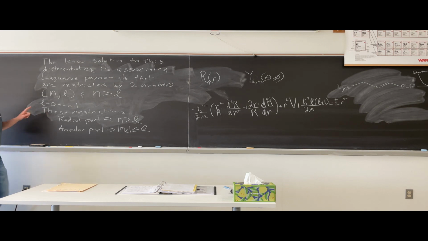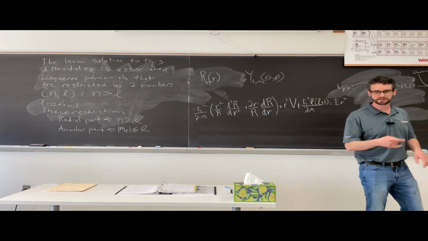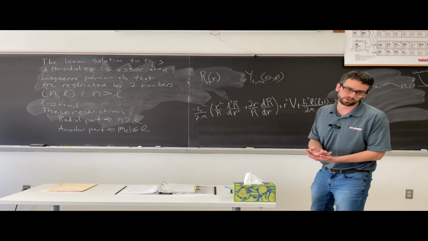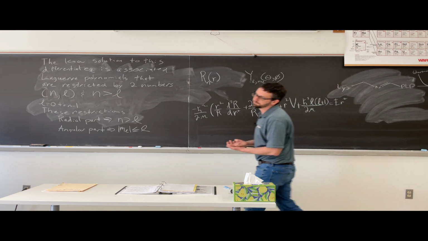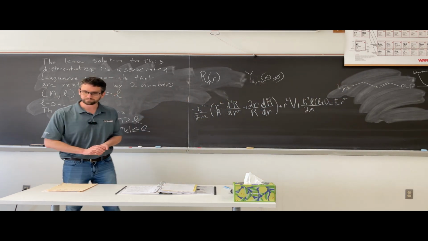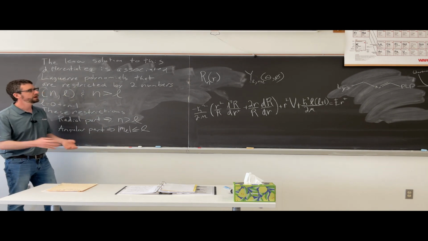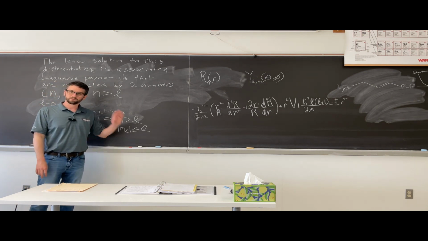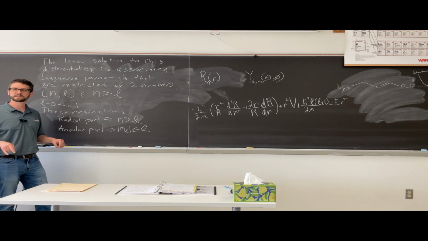All right, now I handed out a sheet to you guys, and if you notice, there's a list of a bunch of different functions on there. You'll see you have a radial part, and I think I have the angular momentum part that you've had in the past. So you need both of those things to build the hydrogenic wave functions. We're going to talk about that in a little bit and how to utilize it, but before we get there, let's talk a little bit about energies.